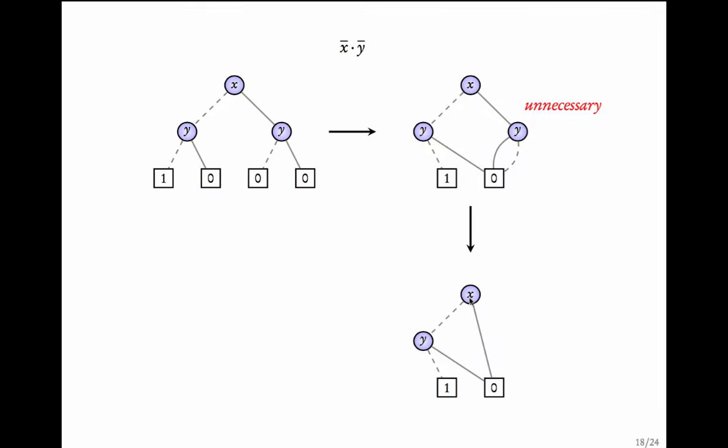But however, when x is 1, we don't care what y is. The value assigned will always be 0. So this is a more efficient way of representing it because we have lesser space. This kind of a diagram is called a binary decision diagram. Let's see some more examples.